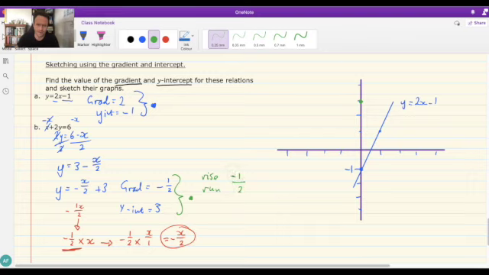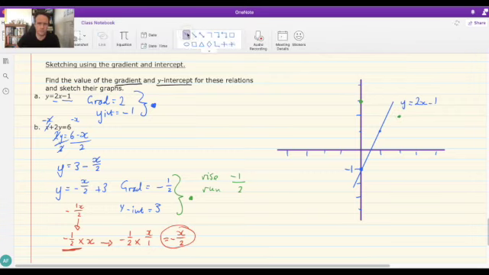That means it's going down 1 for every 2 it goes across. So it drops 1 and goes across 2, and we are out here for our second point. Now for our straight line.